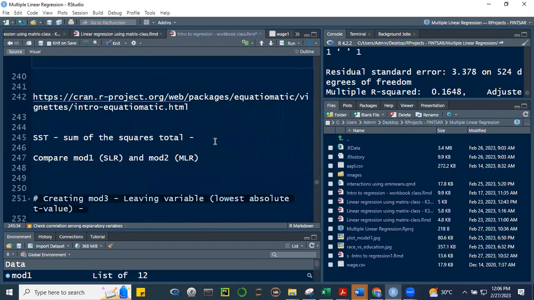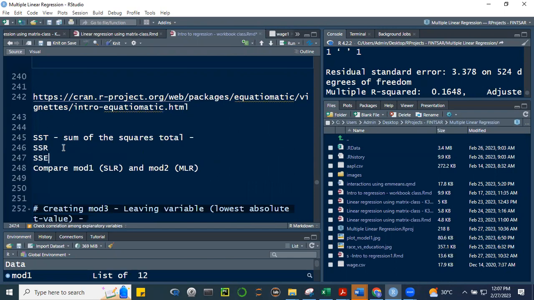Kailangan natin ng tatlong measures: SST, SSR, SSE. SSE is the sum of the squares of residuals or error terms. SSR is the sum of the squares of regression.